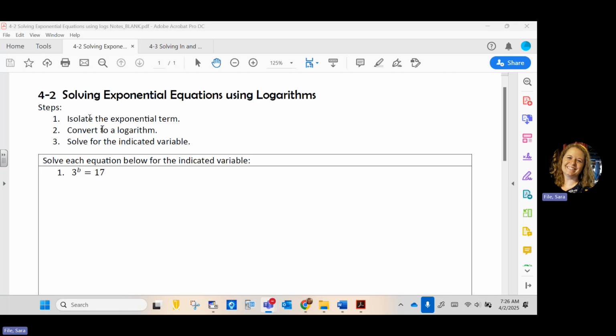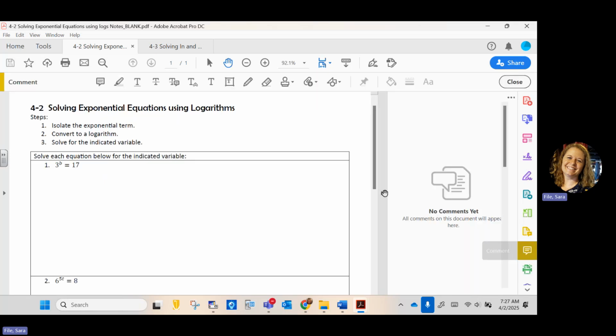Step 1 is to isolate the exponential term. Then we convert it to a log, which is going to bring that variable out of the exponent, and then we solve for the variable. Again, I will write the conversion that we've been using for over a week now.